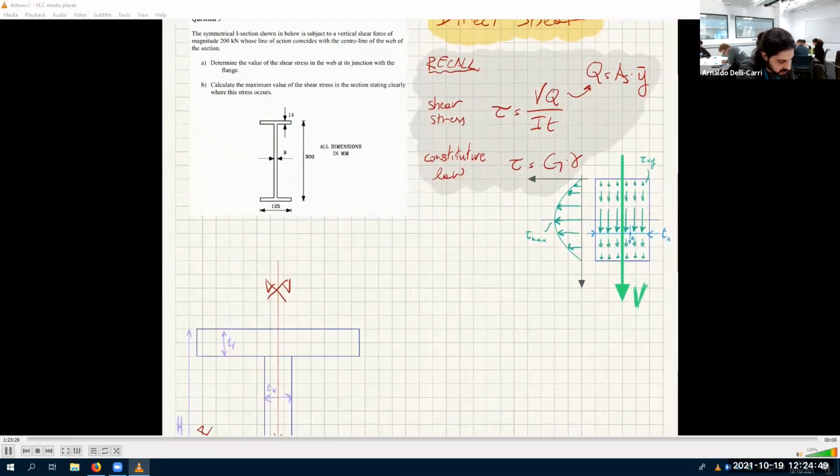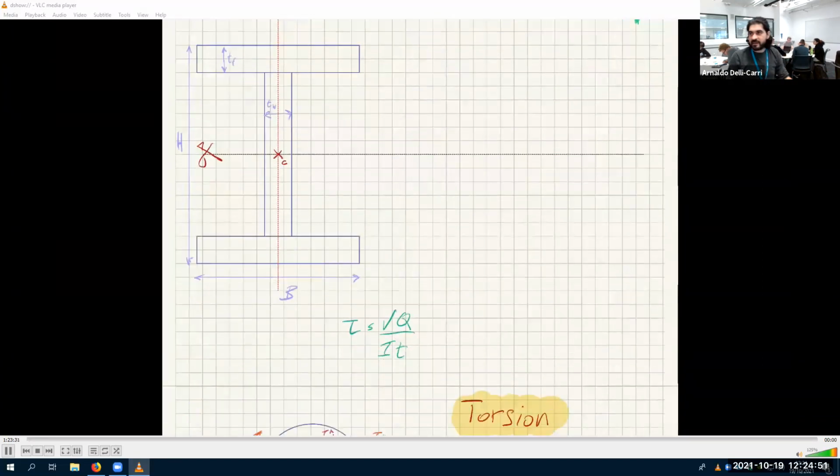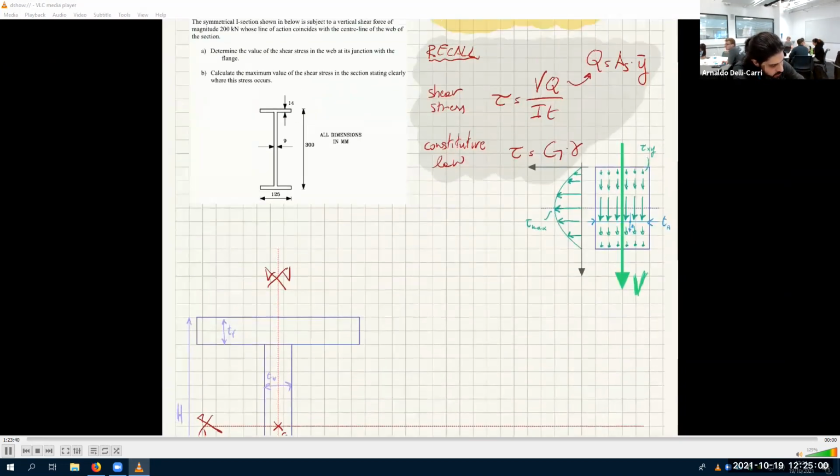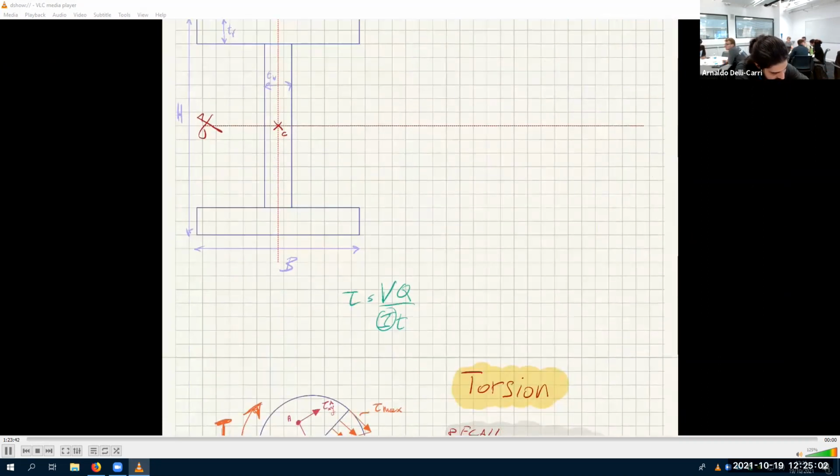I is easy to calculate; that's left to you as an exercise, to calculate I of this section. V is given, V is 200,000 newtons, so this is 200 kilonewtons. I is a number in millimeters to the power of 4.